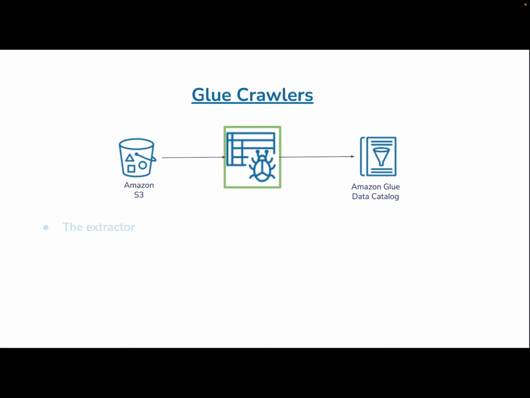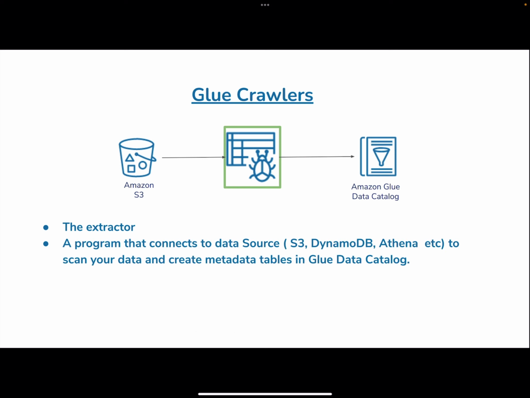It is the first program that runs in the AWS Glue processor, right? It extracts the data from the data sources, and it is the program that connects to data sources such as S3, DynamoDB, Athena, etc. to scan your data and create metadata tables in the Glue data catalog.